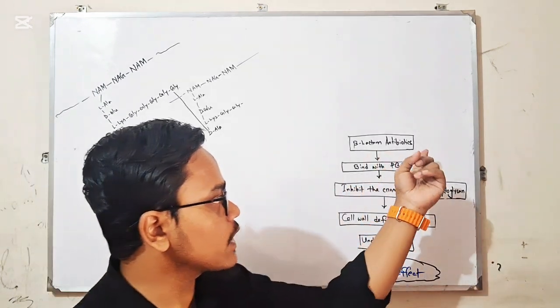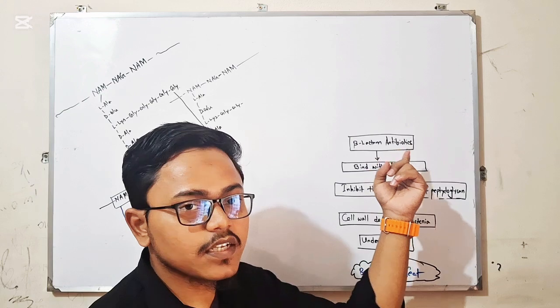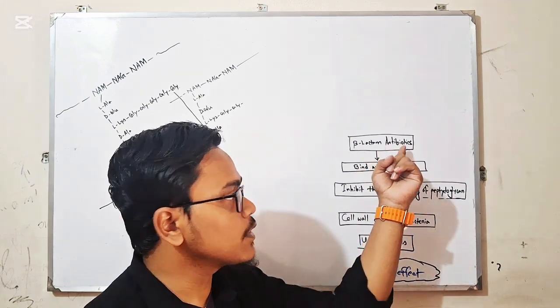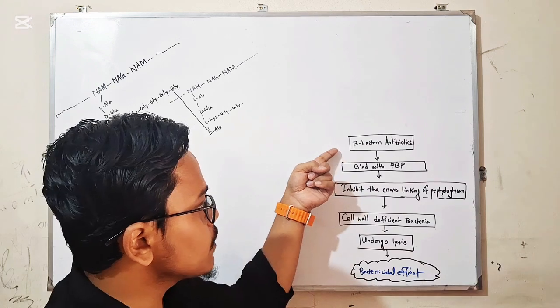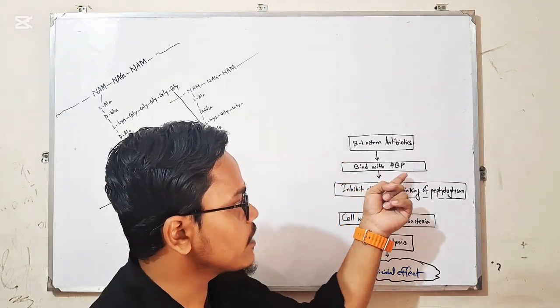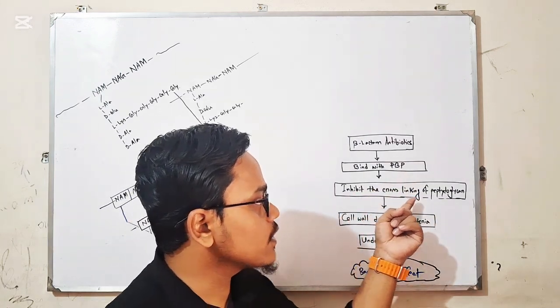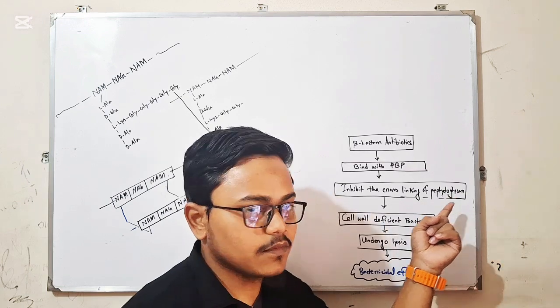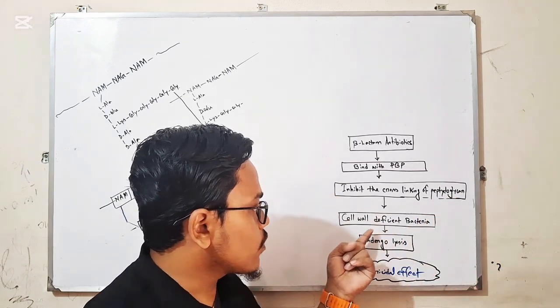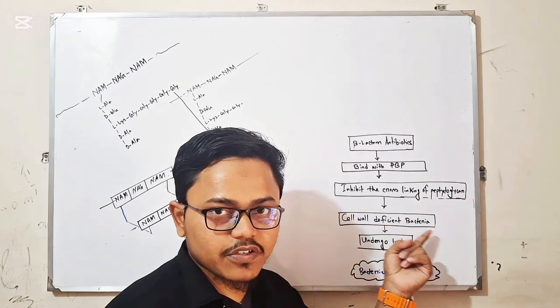The simple form of mechanism is that penicillins are beta-lactam antibiotics. These beta-lactam antibiotics bind with penicillin binding protein and inhibit the cross-linking of peptidoglycan, and that causes cell wall deficient bacteria.